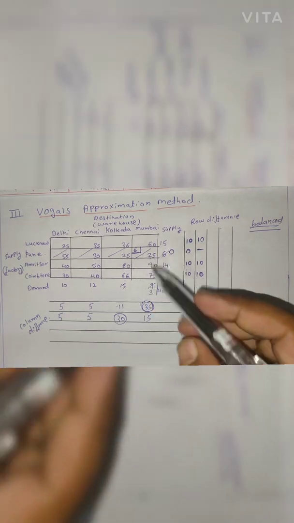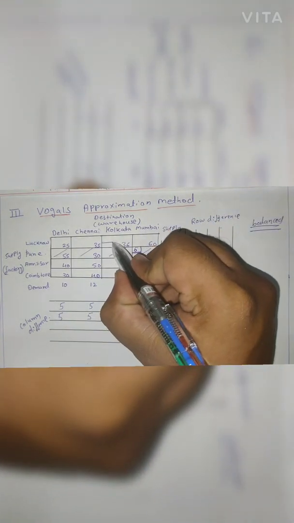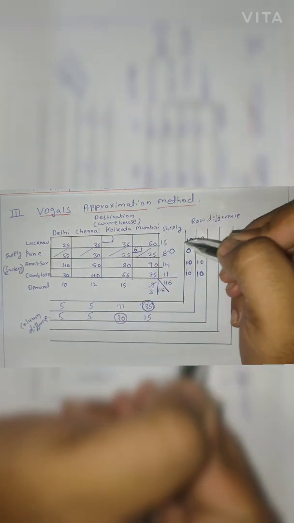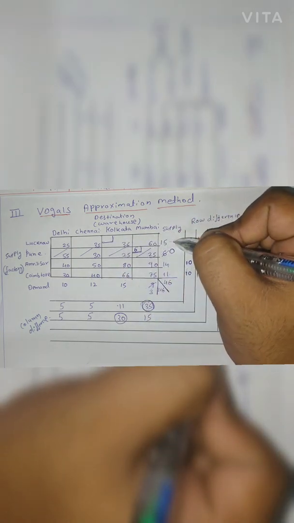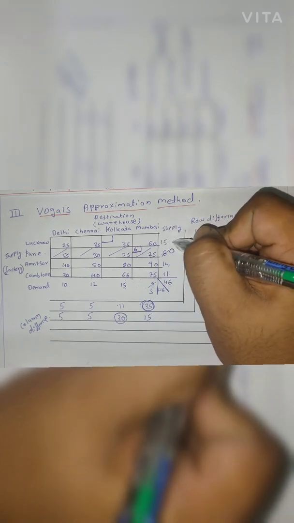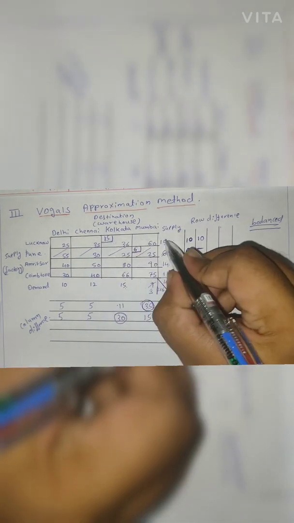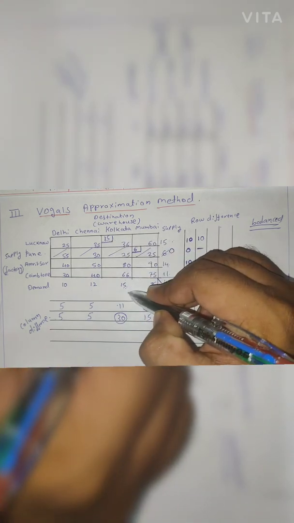In the corresponding column, which is the lowest value? 36 is the lowest value in the column. Now for 36, we'll check the corresponding row supply and demand. So supply is 15, demand is also 15. So both values are 15. We'll write 15 over here, then we'll subtract this 15 from supply and from demand.